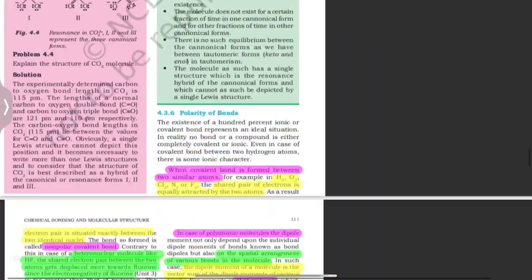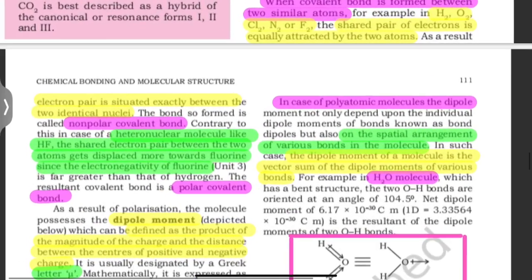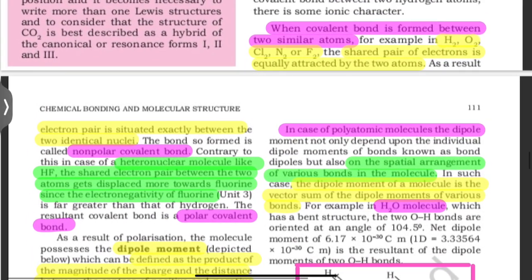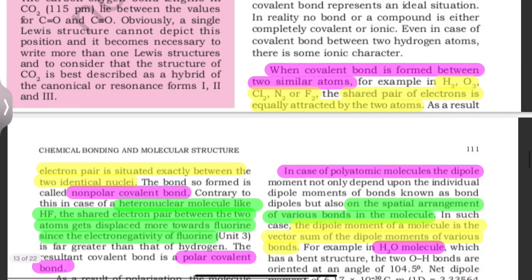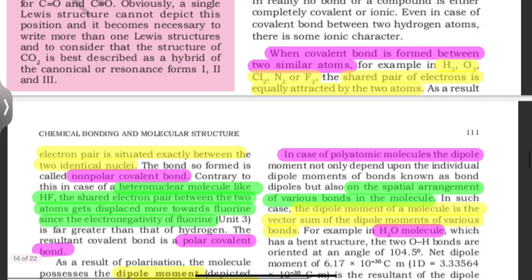We'll also see in the NCERT textbook what is given. Important points, make a note of it. When a covalent bond is formed between two similar atoms, like hydrogen, oxygen, Cl2, N2, F2, as we have already seen, if the same type of atoms are present, they are non-polar in nature.